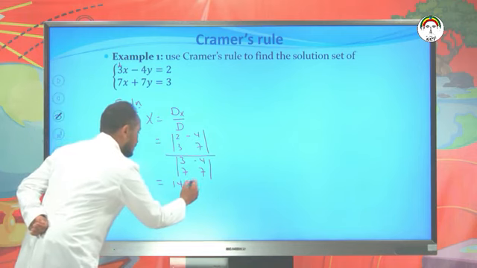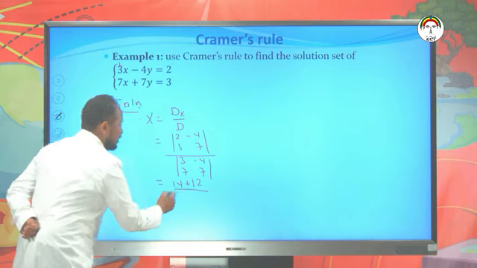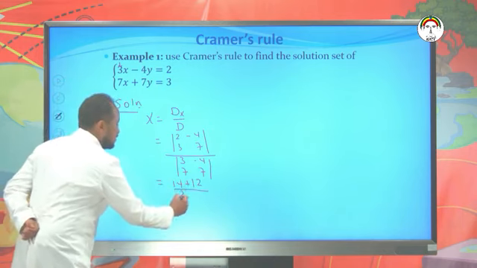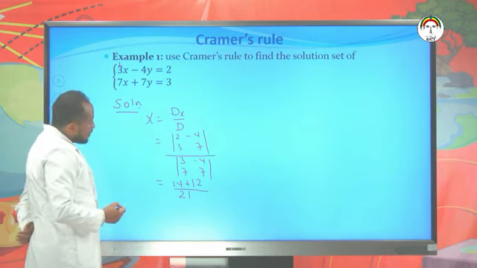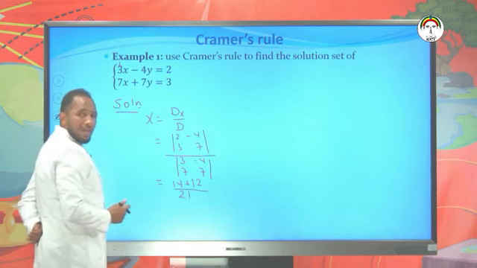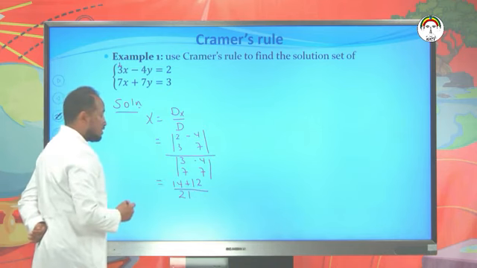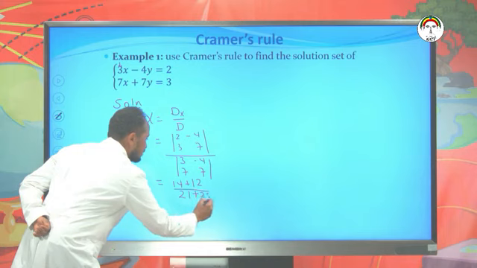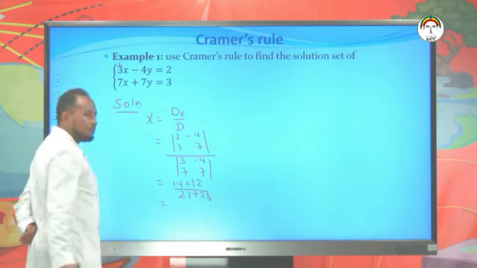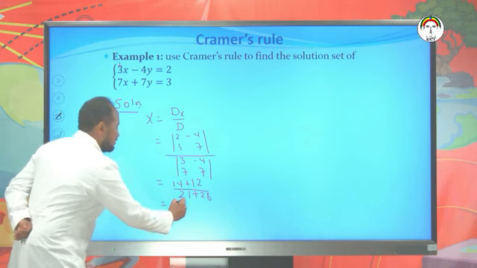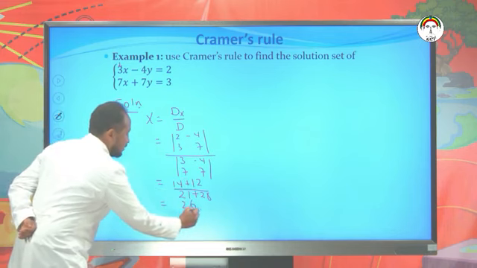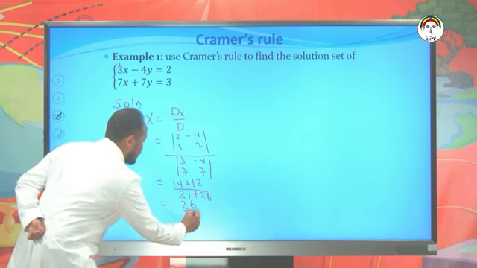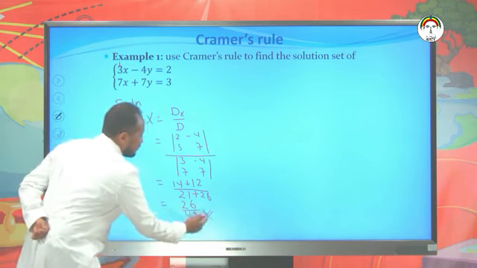So this becomes plus 12, divided by 7 times 3, which is 21, minus 7 times negative 4, which is negative 28. So minus becomes plus 28. Therefore, this equals 14 plus 12, which is 26, divided by 21 plus 28, which is 49. So this is the value of x.